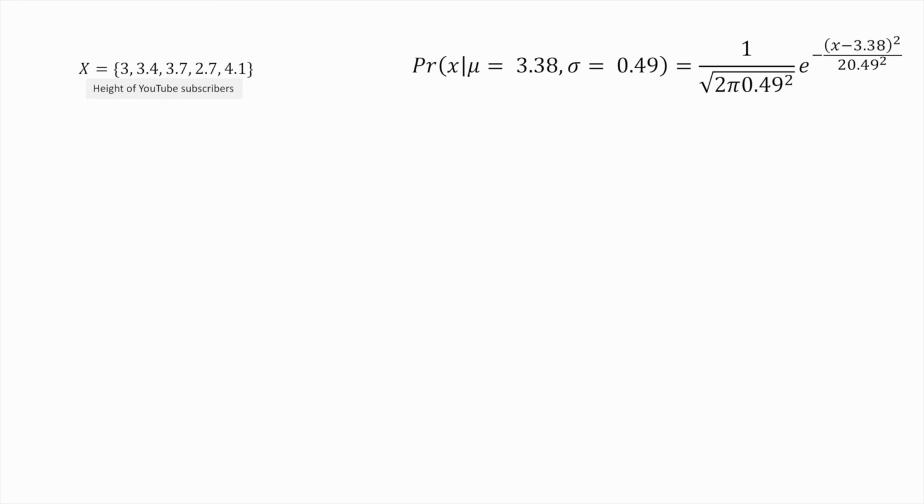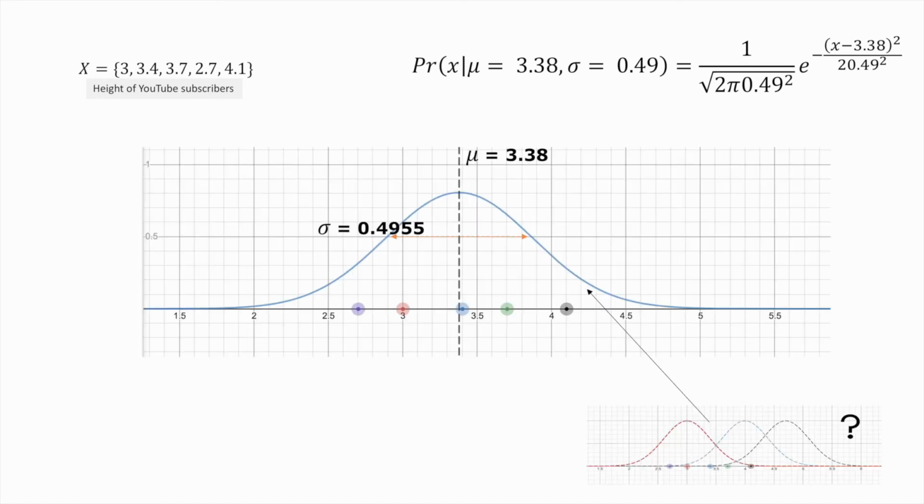Now, if we calculate mu and sigma by replacing the xi's with their values, we end up with the probability density function of the following form. Mu is equal to 3.38 and sigma is equal to 0.495. This is the distribution that best fits our data. So we successfully found the parameters that maximize the likelihood of the model producing the data that was observed.